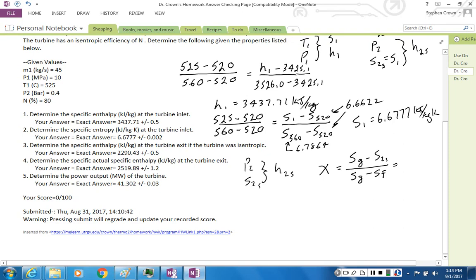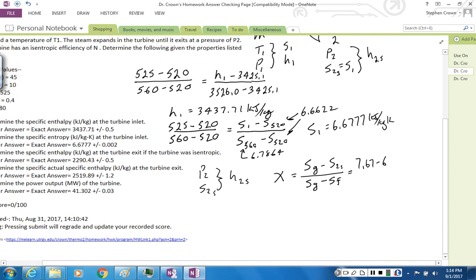So Sg is 7.67 minus my 6.6777 over 7.67 minus 1.0259. And then that same quality, so this is my quality at state 2. Of course, this is state 2s.